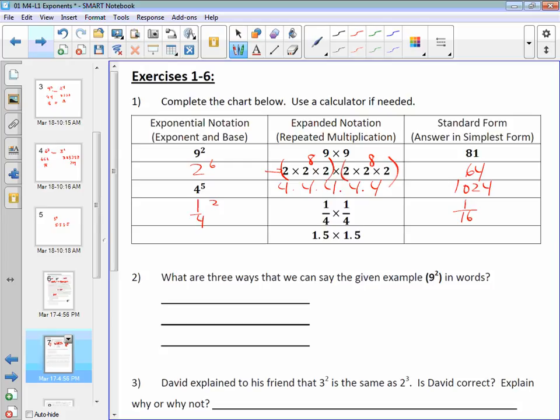Base is 2, answer 64, which is larger? Standard answer. Base was 4, answer was 1024, which is larger? Ready? Base, 1/4. Standard, 1/16. Which is larger? The base, 1/4, is larger than 1/16.